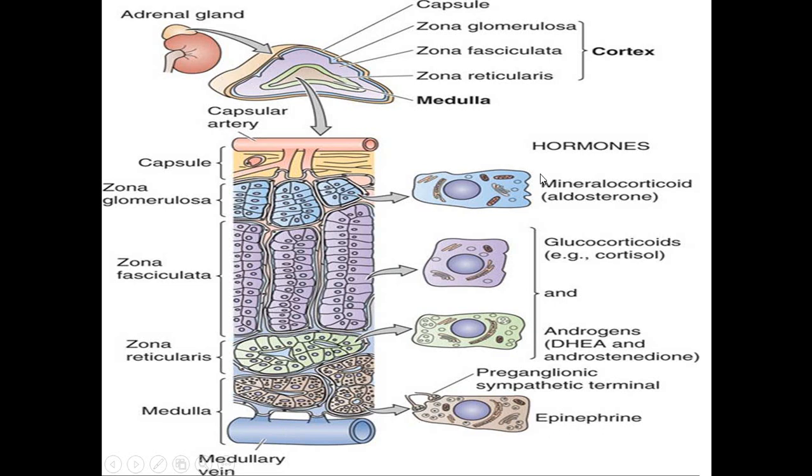At this moment we are going into the detail of the mineralocorticoid, but you keep in mind that mineralocorticoid and glucocorticoid have got some overlapping properties. The major role of the mineralocorticoid is to control the sodium and the potassium inside your body.